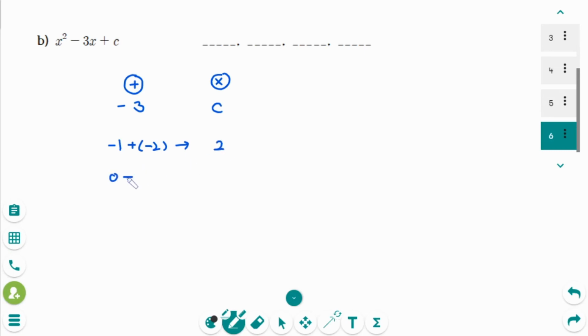If 0 and minus 3, then the product will be 0. If 1 and minus 4, then the product will be minus 4. If 2 and minus 5, then the product will be minus 10. So C can be 2, 0, minus 4, and minus 10.